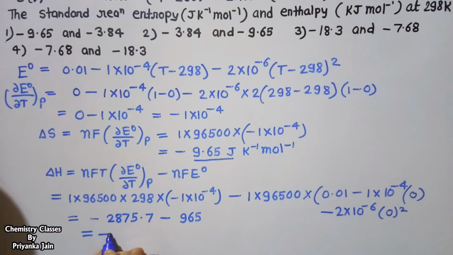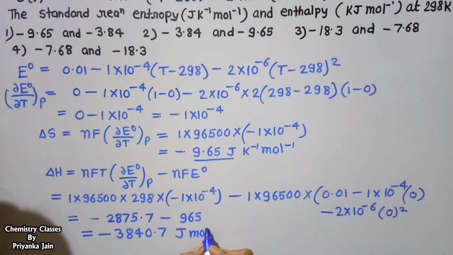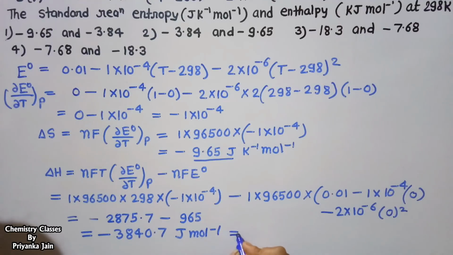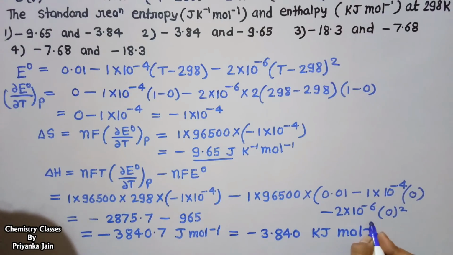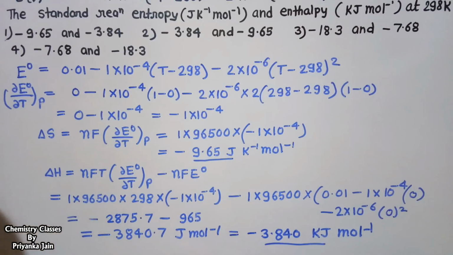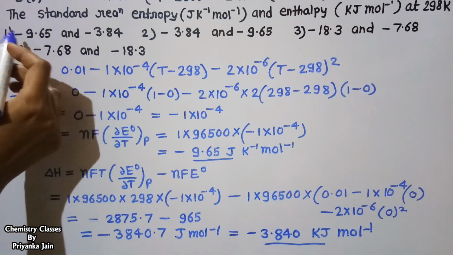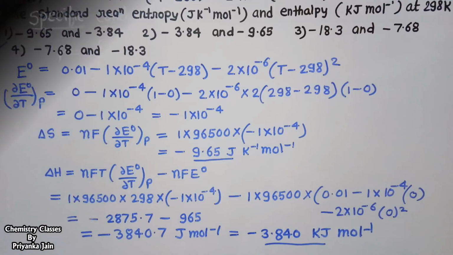So our value will be equal to minus 3840.7 joule per mole, which is equal to minus 3.840 kilojoule per mole. So these are our answers. We can match: this is our option number 1. It is the right answer.